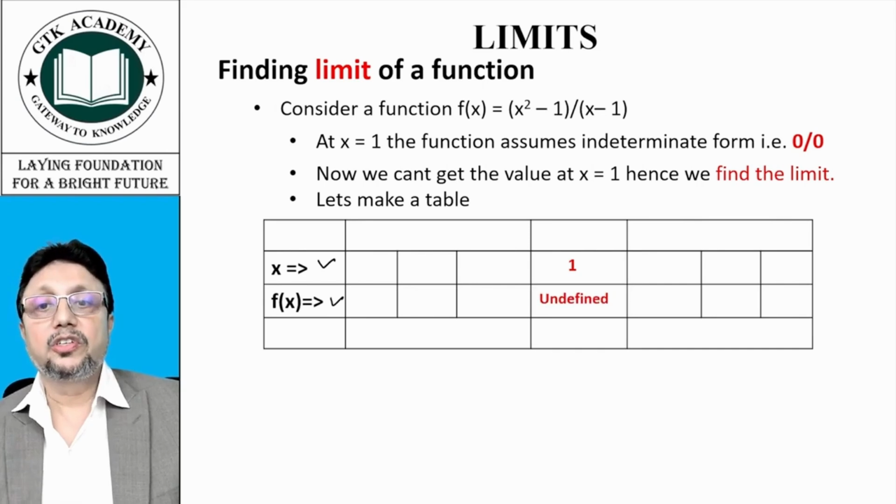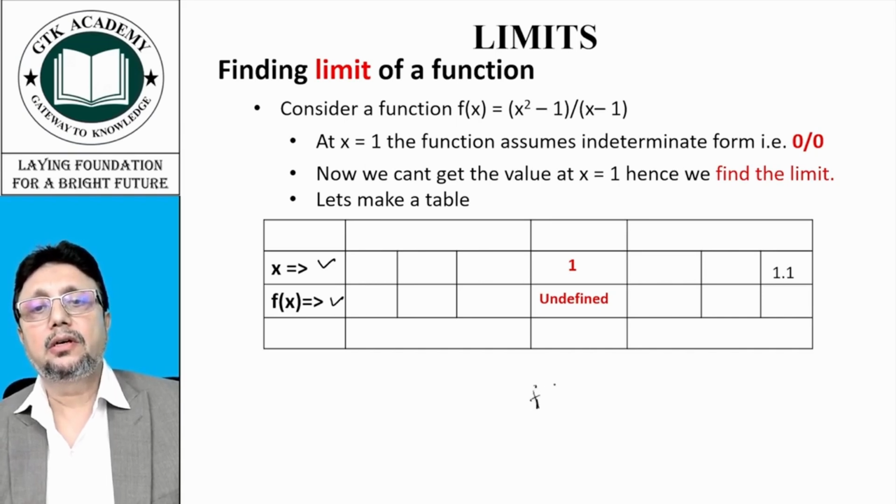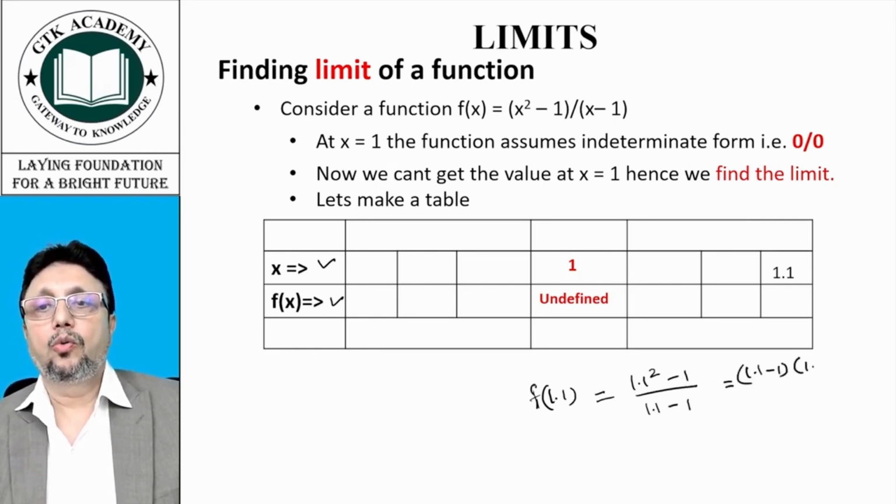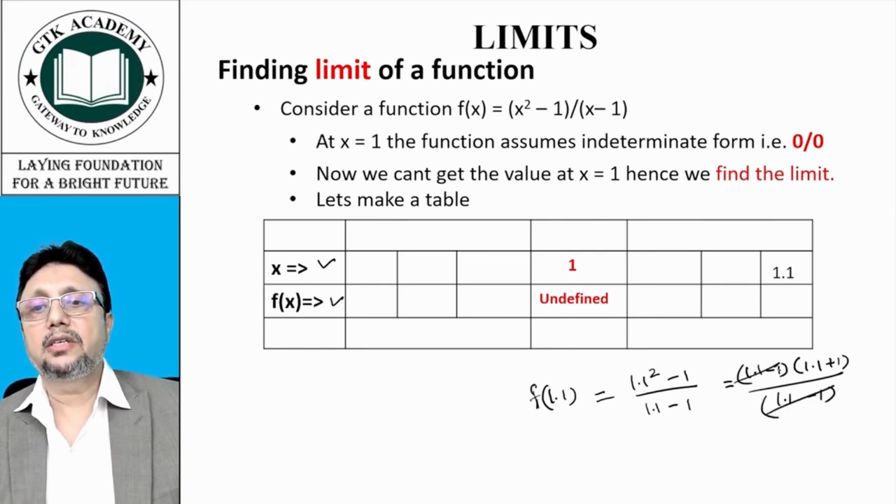Okay, go towards the right. Take the value of x as 1 plus 0.1. Now if you put the value of x as 1.1, f(1.1) equals (1.1 whole square minus 1) upon (1.1 minus 1), which equals (1.1 minus 1)(1.1 plus 1) upon (1.1 minus 1). This gets cancelled out.